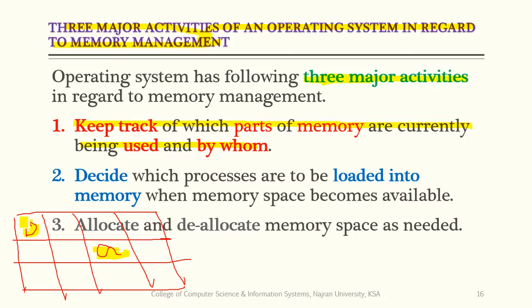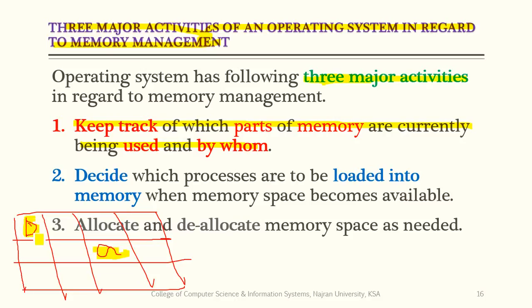So maybe we say blocks 1 to 12: 1 and 7 are in use, but the remaining 2, 3, 4, 5, 6, 8, 9, 10, 11, 12 are free. In total we have 12 blocks, so 2 are in use and 10 are free. But who is using them?